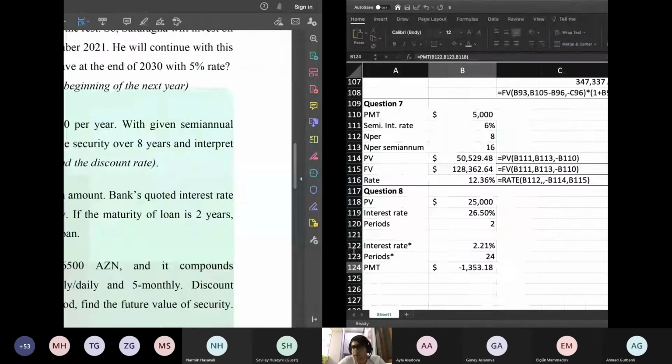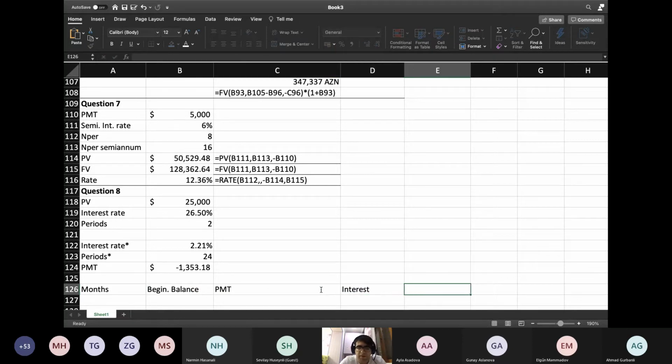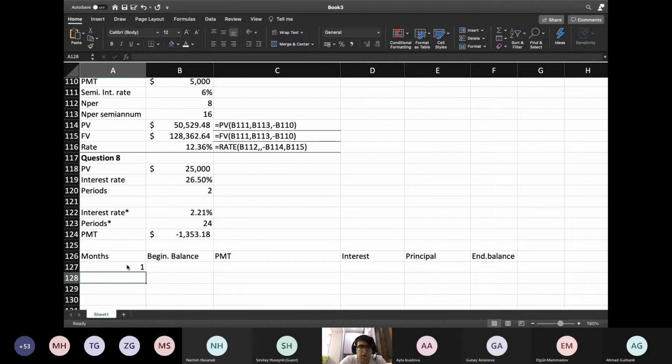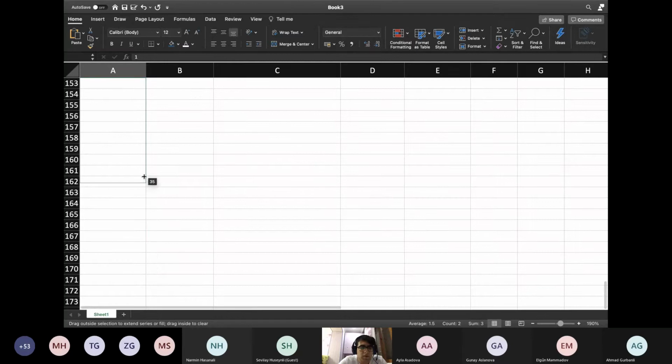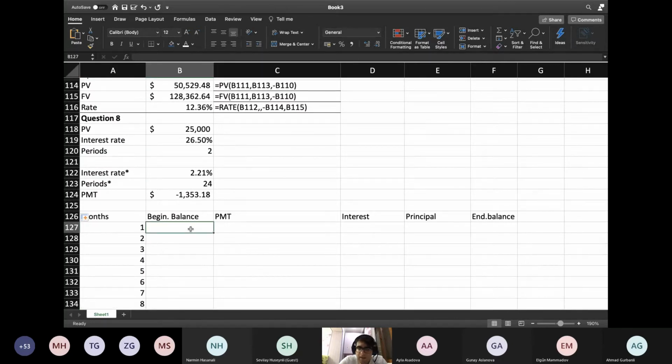Now let's amortize the loan. We have months here: beginning balance, PMT, interest payments, principal, and end balance. We have 24 months: 1, 2, and let me drag it down to 24.